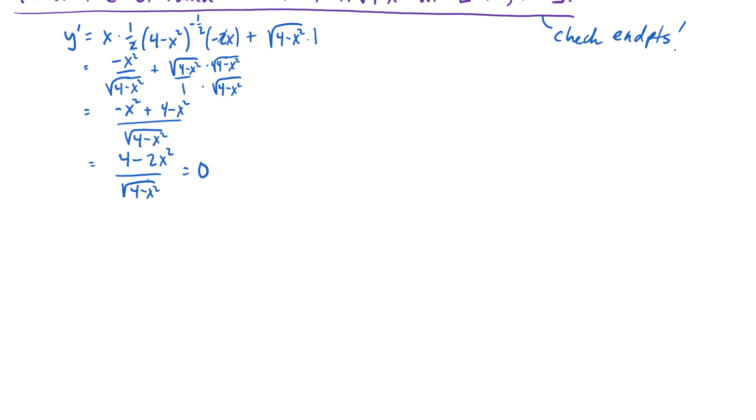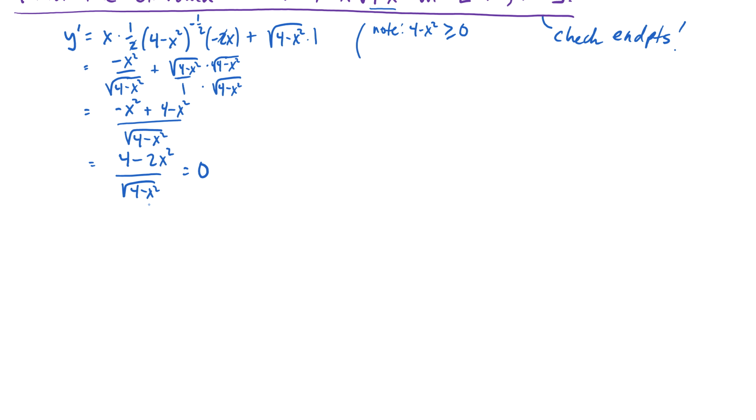Notice I don't have to worry about when the denominator is 0, so I'm just going to make a note. 4 minus x squared is always going to be bigger than or equal to 0 because it's under the radical, right? Now, this is undefined when the denominator is 0.